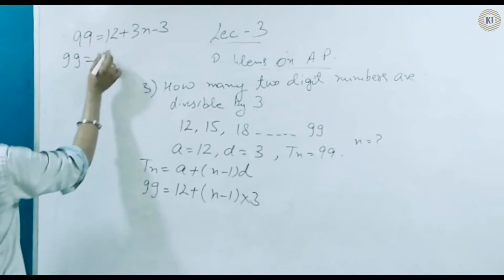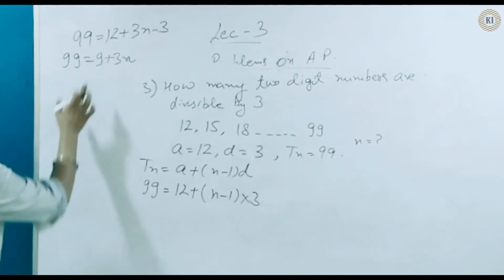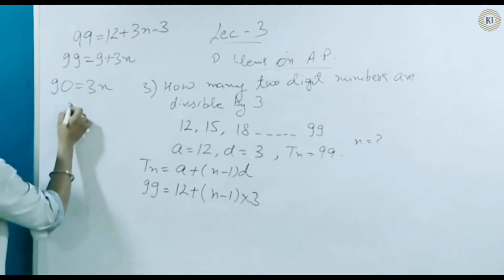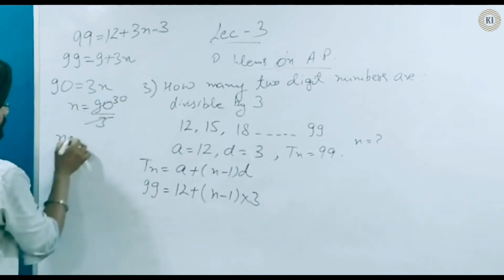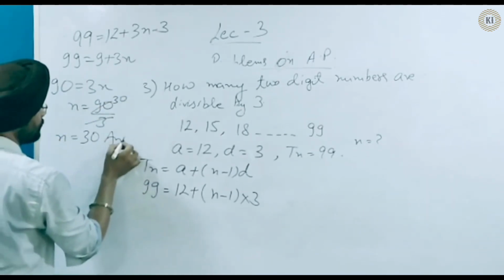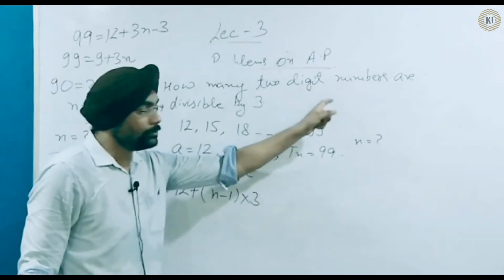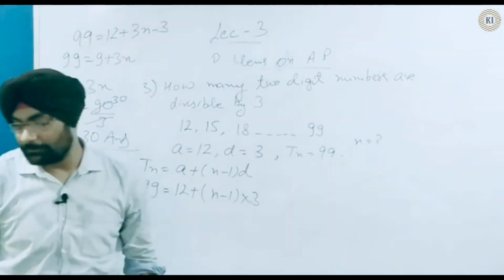So 99 is equal to 12 minus 3 is 9 plus 3n. 9 transfer on this side, it will be 90 is equal to 3n, and n is equal to 90 by 3, that will be your 30. So value of n is 30. So in total there are 30 terms, 2-digit numbers that are divisible by 3. Now let us see another example based on AP.